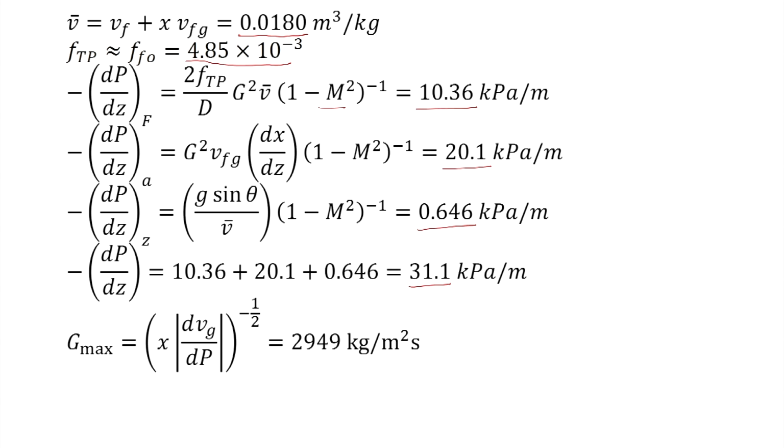Let us check for choking. The maximum mass flux is calculated as 2949 kg per meter square second. The actual mass flux is 1000 kg per meter square second, which is less than this value. So, no choking will occur.